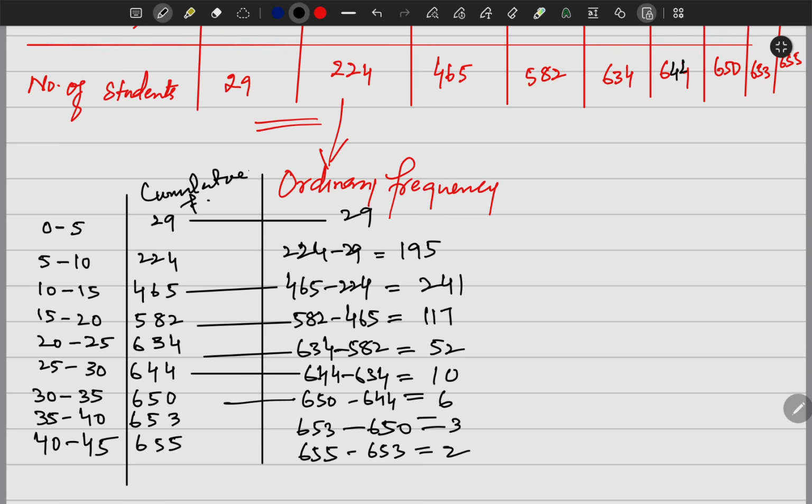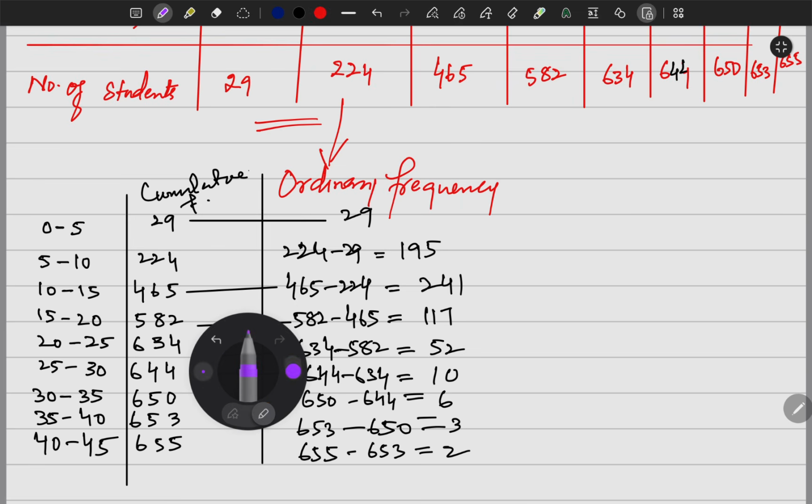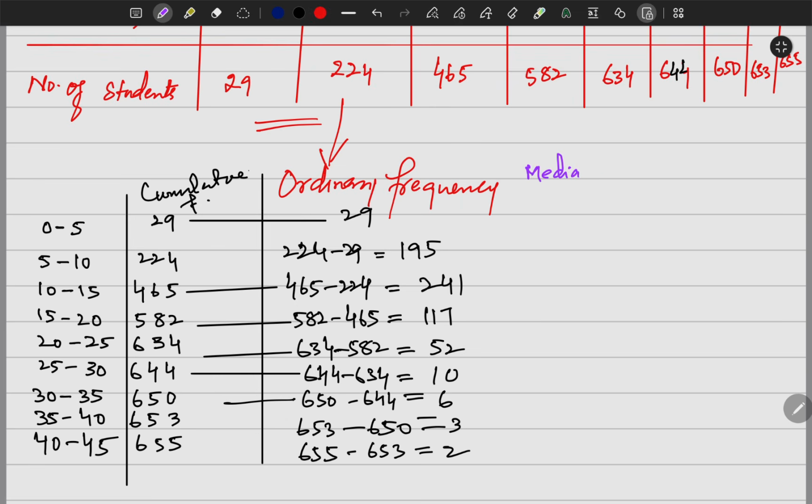So what is the median? Median is size of 655 divided by 2, or we will say 327.5th item, and you will check 327.5th item lies in 10 to 15, yes or no?